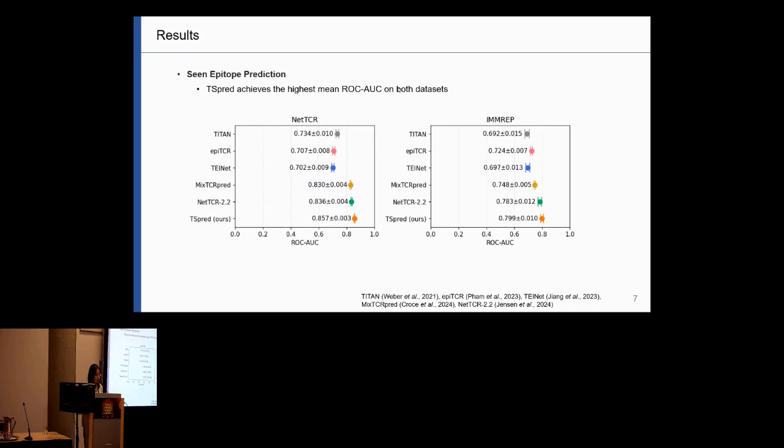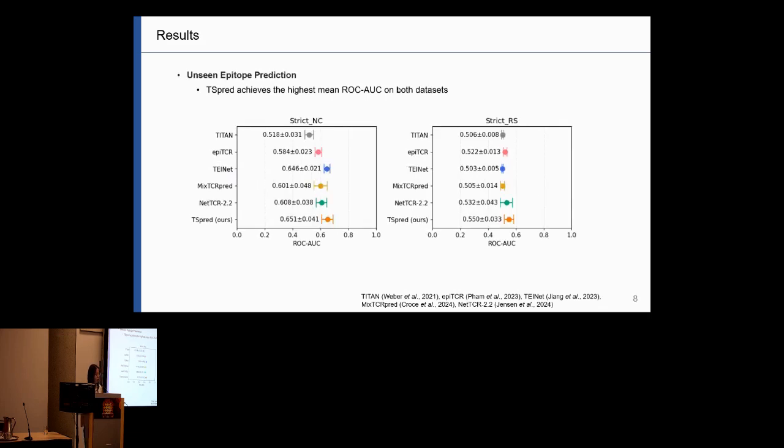These are the results on the seen epitope prediction. So we compared our method with 5 other state-of-the-art methods, and TSpred achieved the highest mean RCAUC on both datasets. It achieved 0.86 and 0.8 on NetTCR and IMREP respectively. And these are the results on the unseen epitope prediction task.